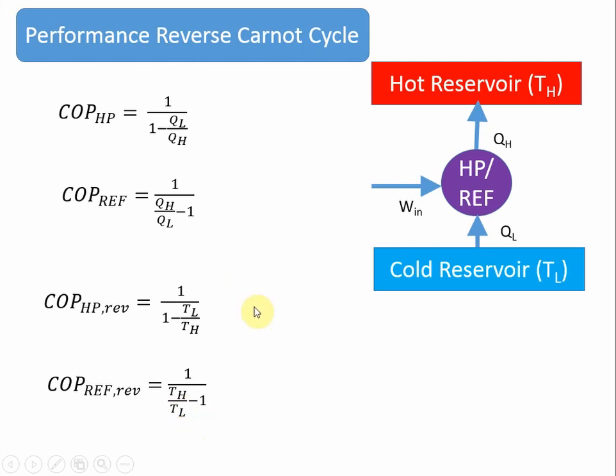Therefore, the coefficient of performance of a heat pump operating in a reversible manner can be expressed like this. Similarly, the coefficient of performance of a refrigerator in the reversible manner we can express using this equation.